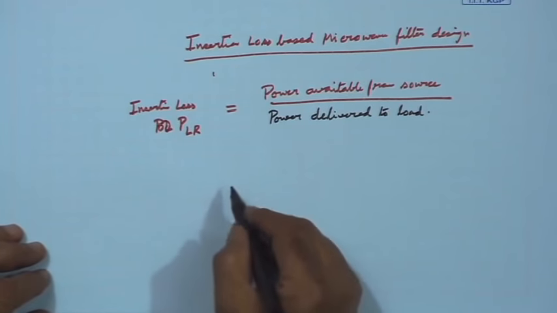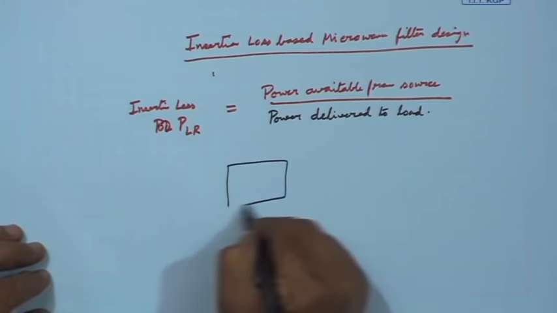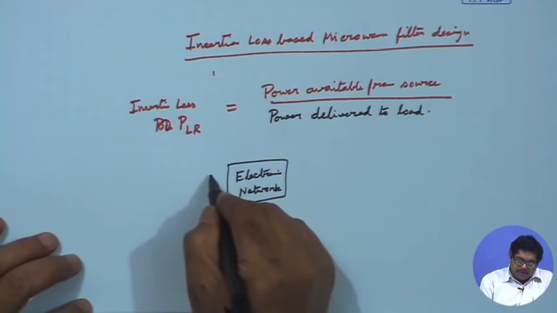subsystem. Suppose I have any subsystem, in this particular case it will be filter, but insertion loss is a generalized concept, that is why let me call it an electronic network. It is a black box, it is a 2-port black box.